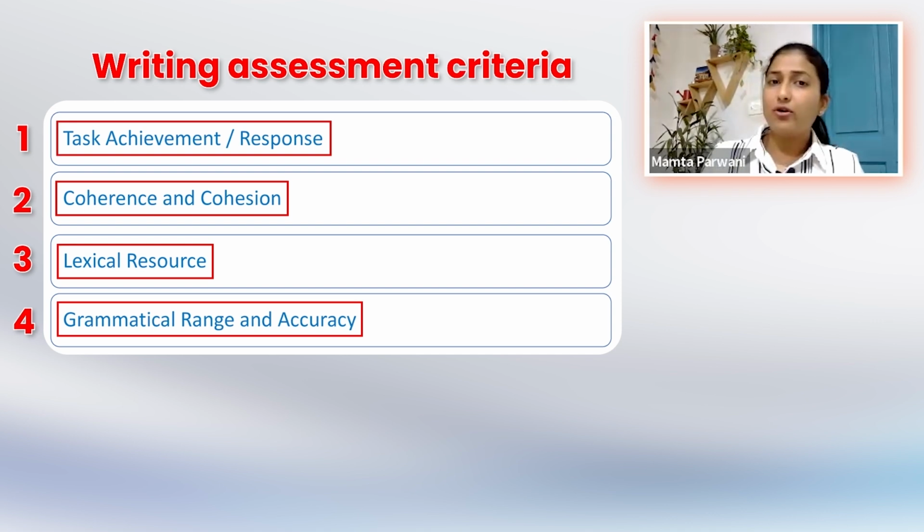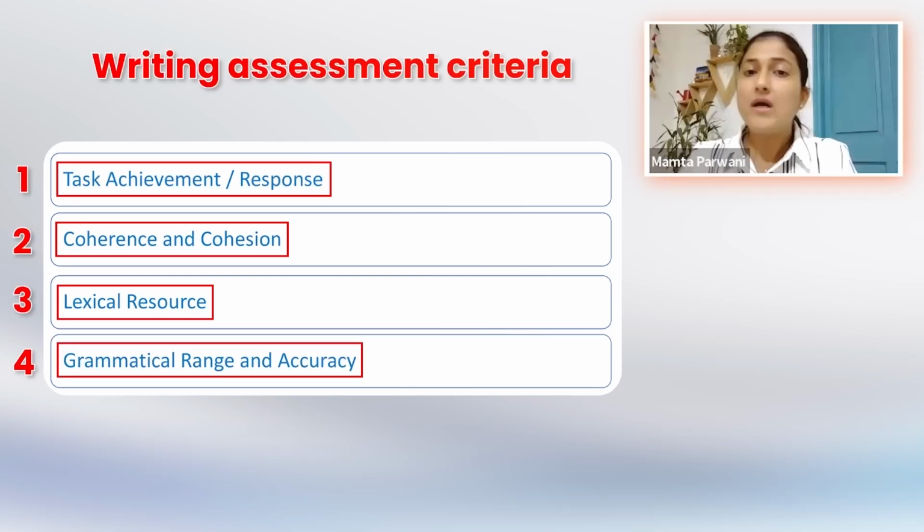Of course, I'm sure you must be wondering what these terms mean: what is the meaning of task achievement and task response, what is the difference between them, what is the meaning of coherence and cohesion, what does lexical resource mean, what do you really mean by range of grammar, right? We'll talk about all this in a lot more detail when we cover this module in sessions.